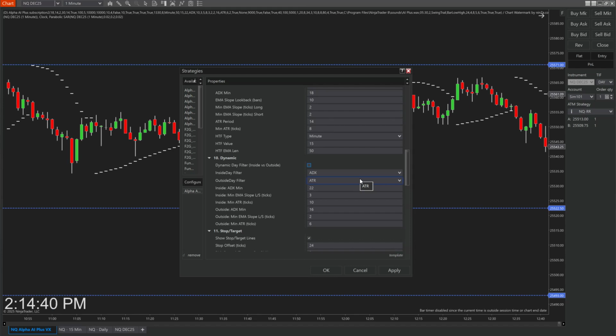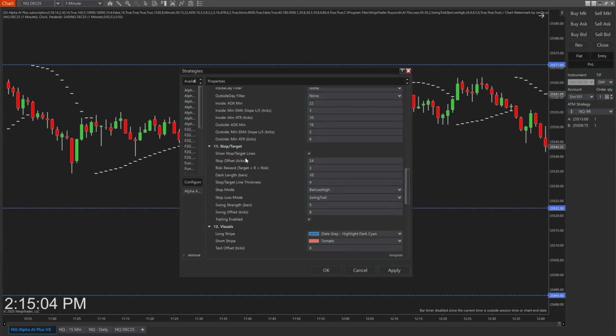So in this scenario, the system will automatically check if it's an inside day. You can pick any filter you want or none. If you check mark this, it will check the dynamic, then choose whatever you choose for inside or none. And same for outside. In this template, we're not using any dynamic filters.